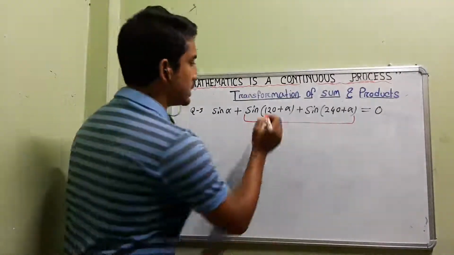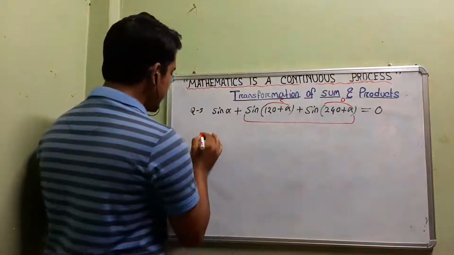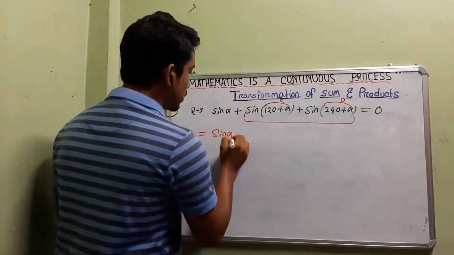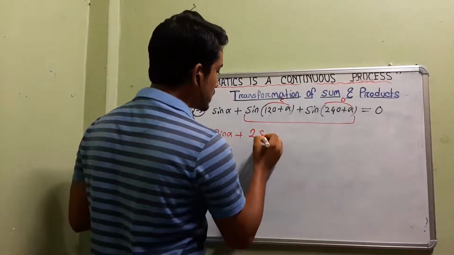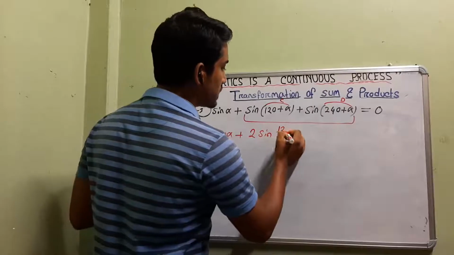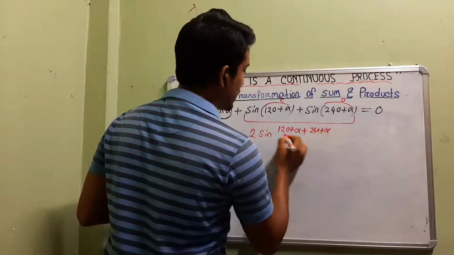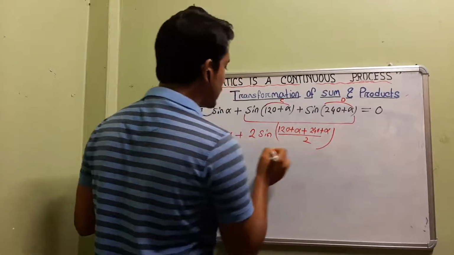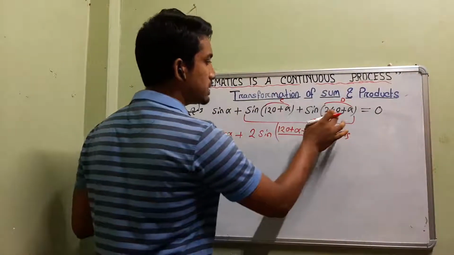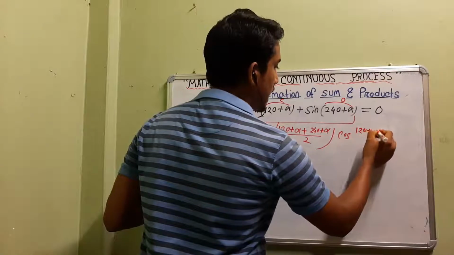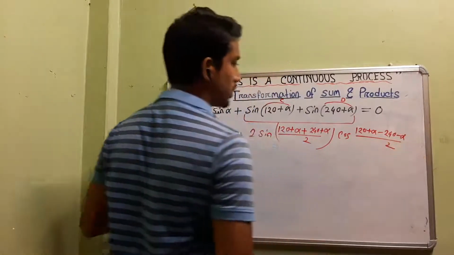Treat the first of them as C and the second as D. Then we have sin alpha plus 2 sin (C plus D) by 2, where C is 120 plus alpha and D is 240 plus alpha, divided by 2, then cos (C minus D) by 2, that is (120 plus alpha minus 240 minus alpha) divided by 2. That is the formula I have just used.